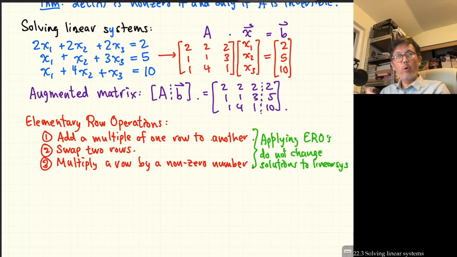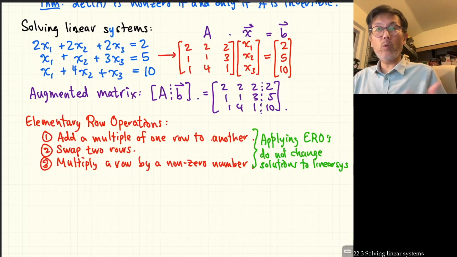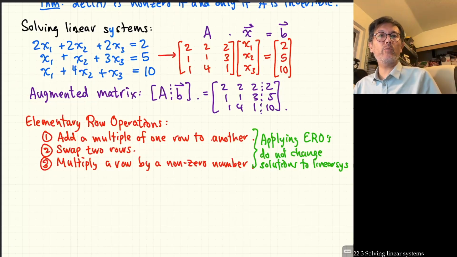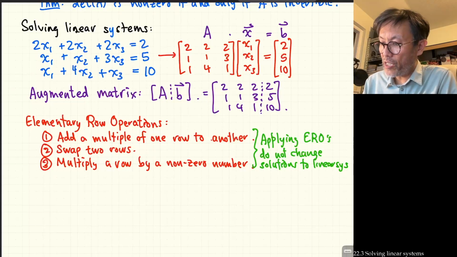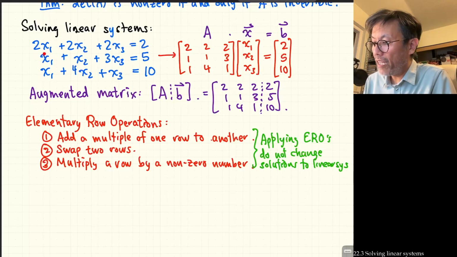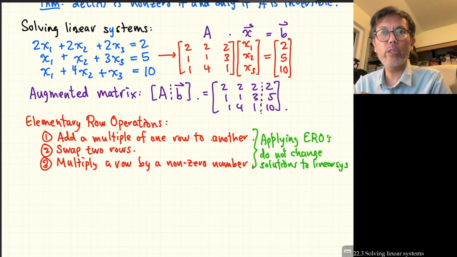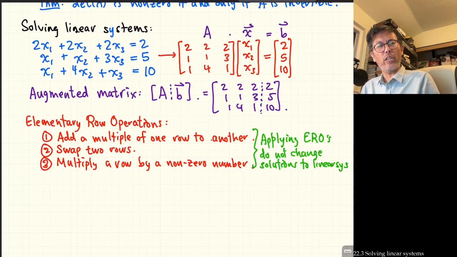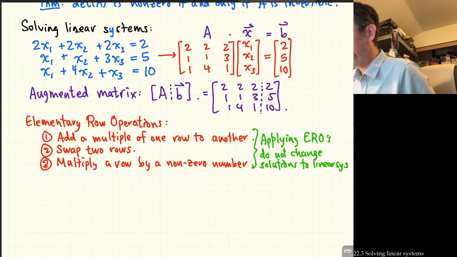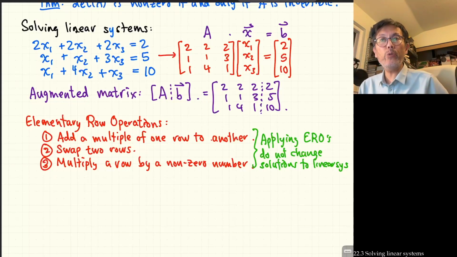Okay? So we're allowed to apply these in any order that we want, as many times as we want, and we will never change in the process of applying these the values of x1, x2, and x3, which solve the linear system. Okay, we preserve the system. So these are like moves that we're allowed to do to our matrix without affecting our solution. And hopefully we can use them to solve our system.